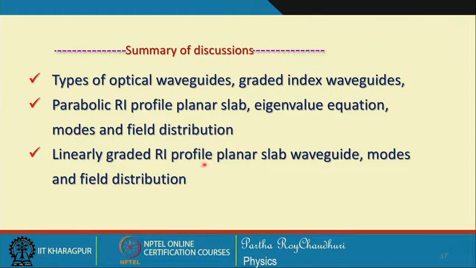So, we have discussed in this context a graded index profile, and for that we considered two very important and very useful classes of waveguides. One is the parabolic index profile, we have parabolic index fibers also, we will discuss that problem. Then we have slab waveguides, which are linear, and we called it a triangular profile structure.